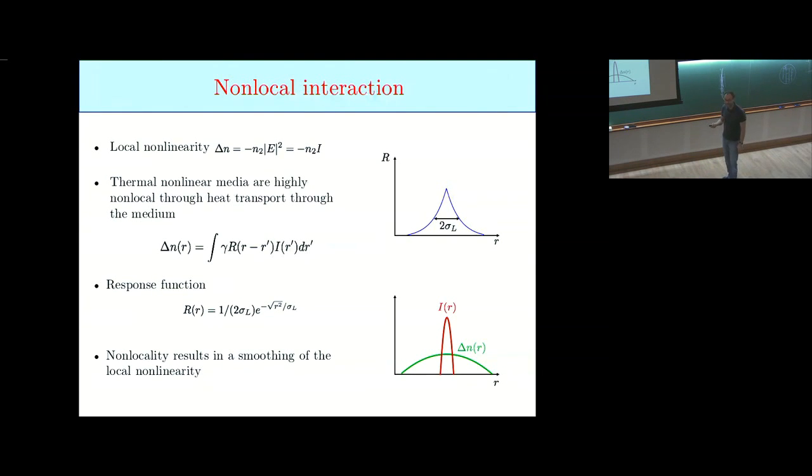It's based on heat, and heat diffuses, heat moves around. So I can have a beam which is delta thin, but the heat will diffuse outwards. So my heat profile actually looks something like this. What that means is, when you say the nonlinearity is non-local, it means that areas over here can affect what happens over here.